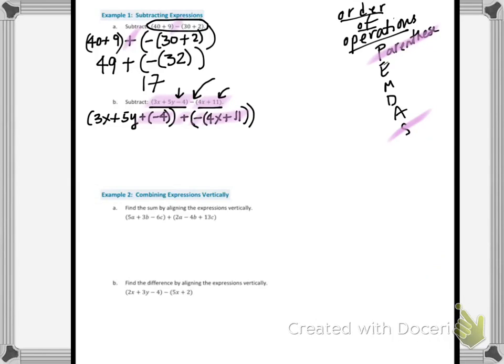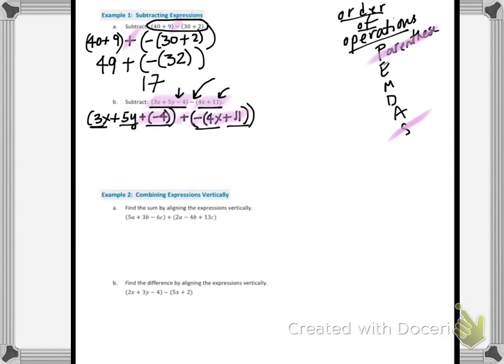Now we want to extend it out further, so each and every term is separated, okay? So we have terms here. We have 3x, we have 5y, we have negative 4, we have right here negative 4x, and then that's going to be a negative 11 actually, okay? So we're going to separate all of these out, all right? So let's bring them down.